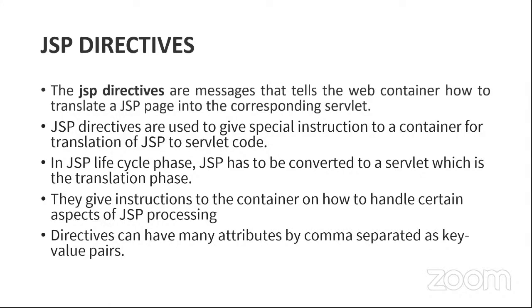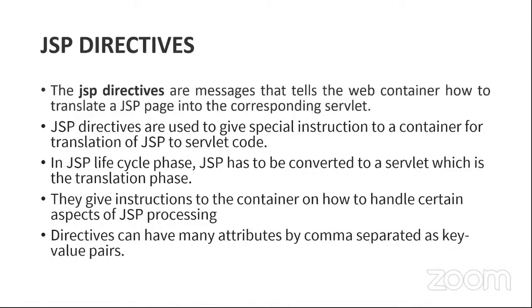These JSP directives are used to give special instructions to a container for translation of JSP to servlet code, because a JSP file is going to be converted to a servlet file. In the JSP lifecycle, JSP has to be converted to a servlet, which is the translation phase.